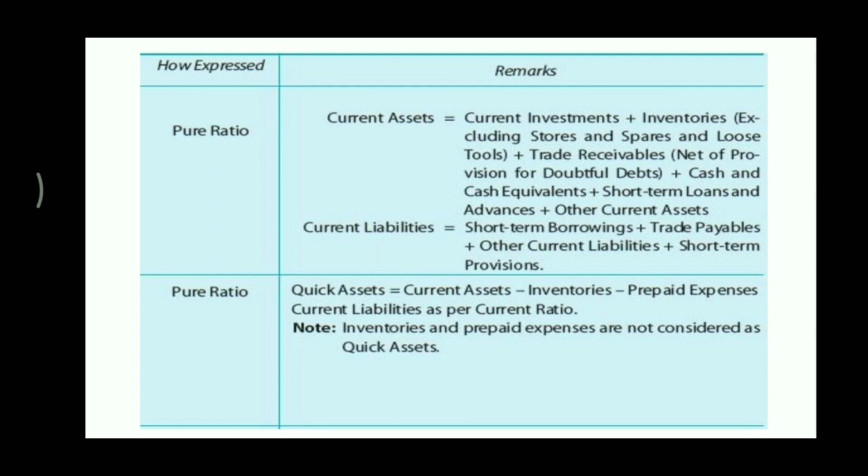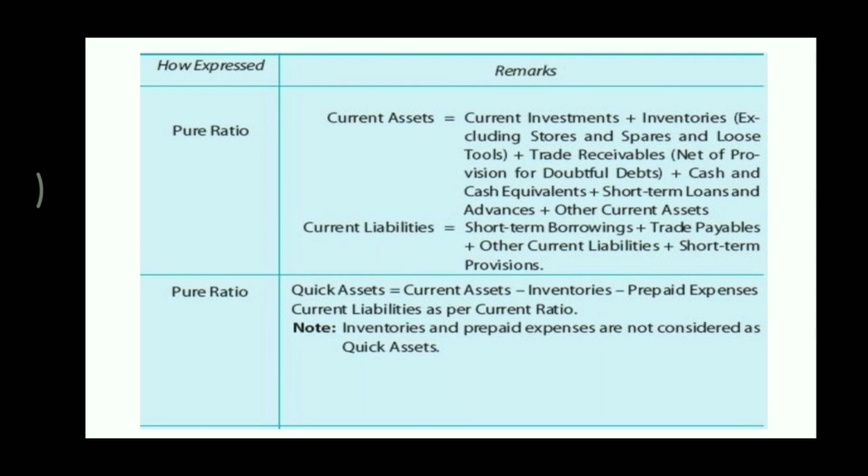Now for calculating the quick ratio, the funda is that only two things you will remove from current assets. And what are the two things? Once you remove inventories and prepaid expenses, the rest will be termed as your quick assets. Okay, so what you will remove?